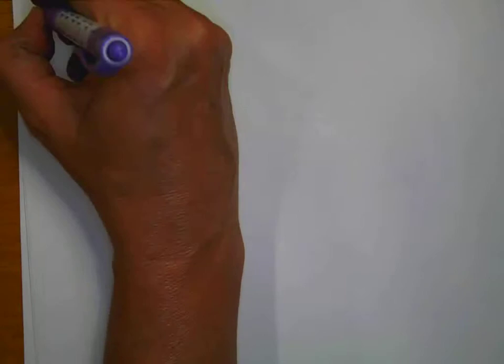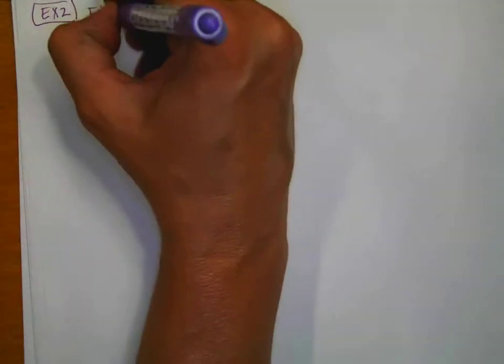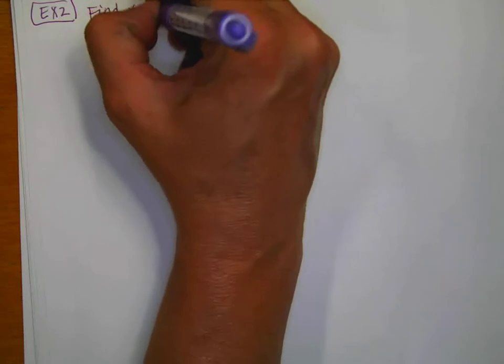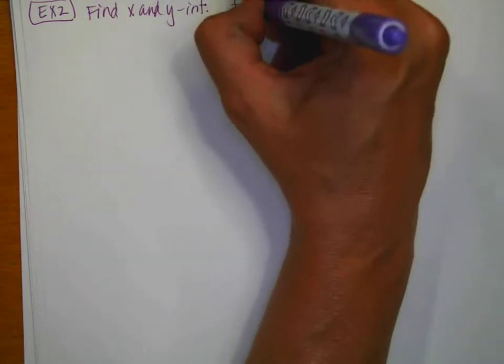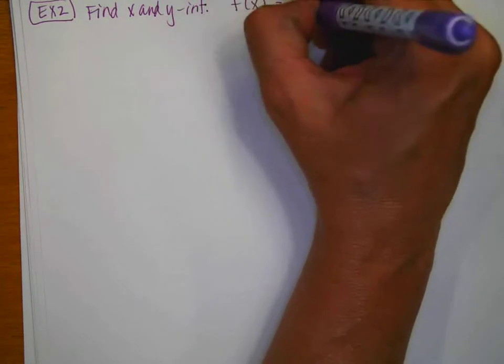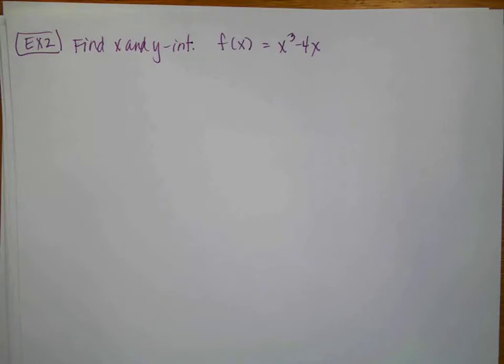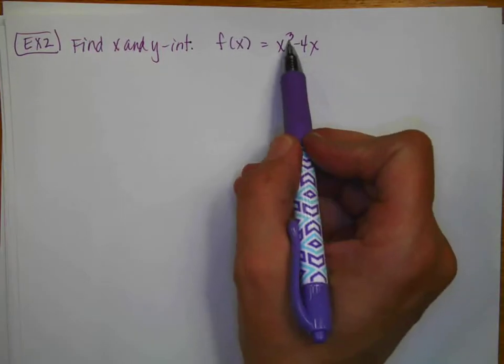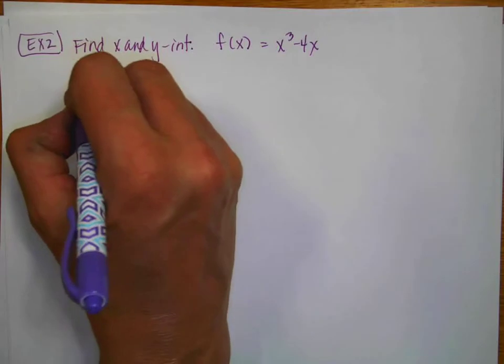All right, so now let's move on to our second example. So example number 2, we are going to find x and y-intercepts, and then our equation is f of x is equal to x cubed minus 4x. So this is a nonlinear equation because I have a third degree, but the process is exactly the same.